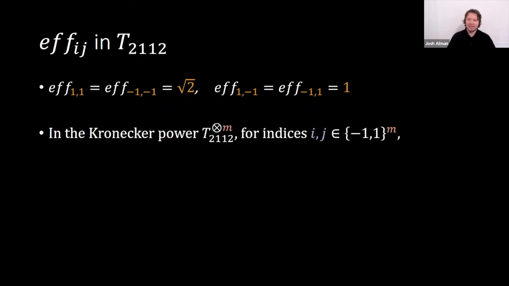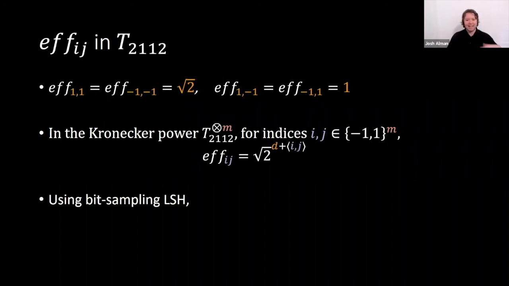So when you take a Kronecker power and you have indices which are vectors of length m, the efficacy of a bucket is going to be root 2 to the d plus the inner product between i and j, over 2 or something like that. You pick up a root 2 whenever the entries are the same as each other, and you just pick up a 1 whenever they're different from each other.